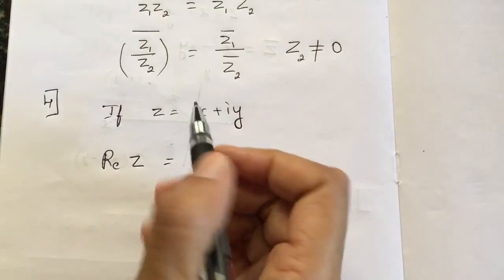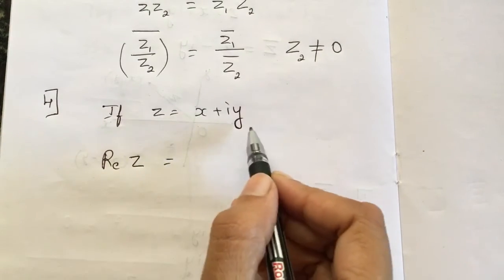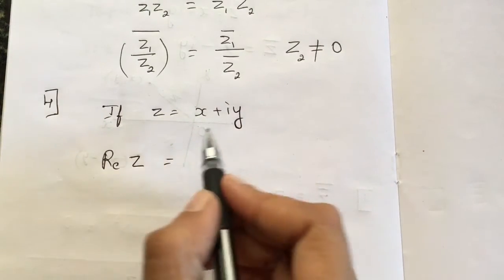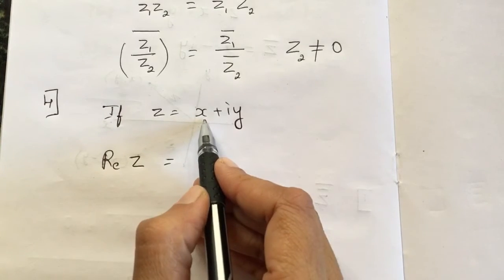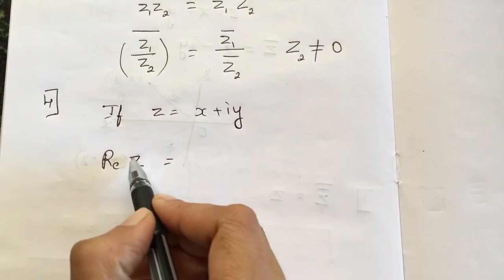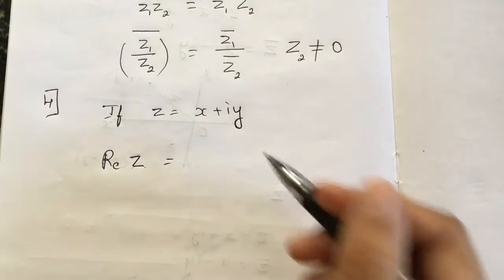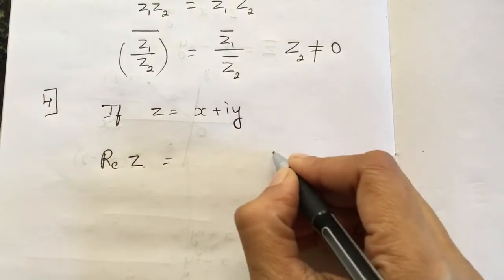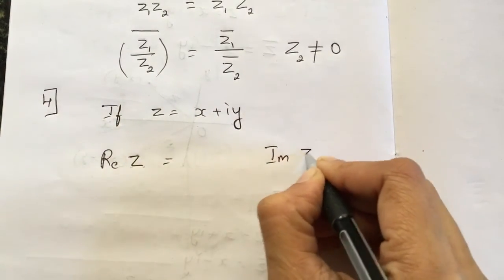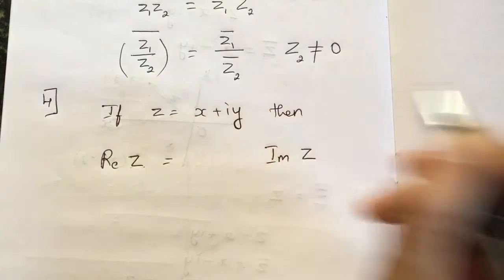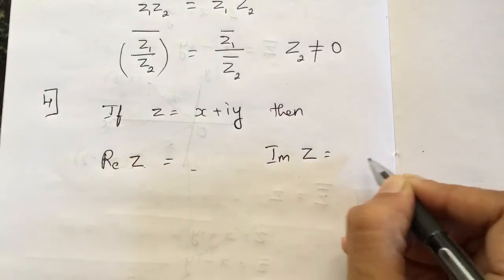I repeat, when I have z as x plus iy, the real part of z is x, but I want to write the real part of z in terms of z, and even the imaginary part of z. So let us find this.